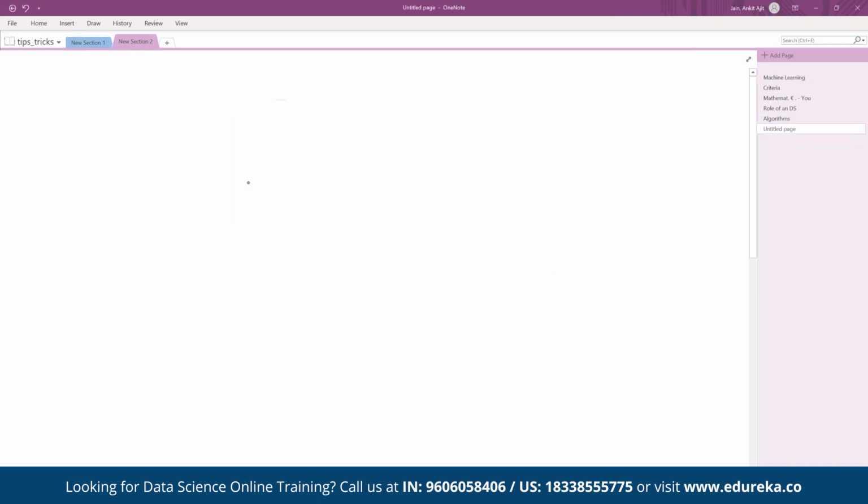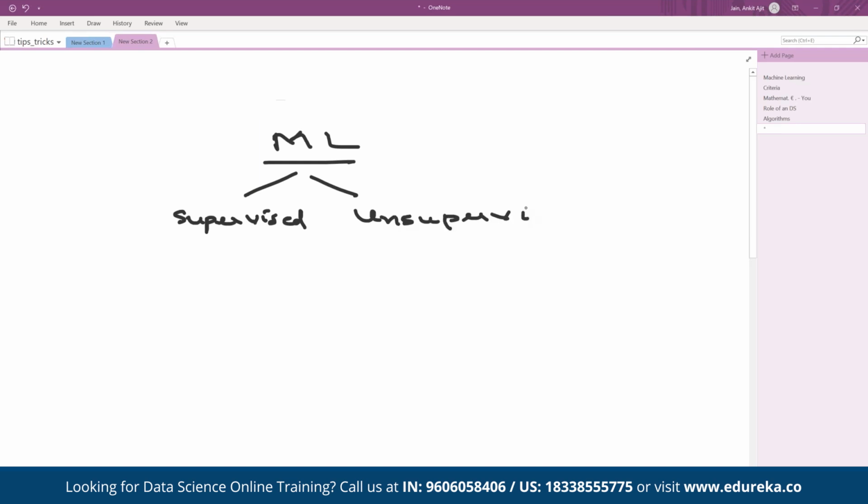Now the question is, suppose I make it simplified for you, machine learning is of two types: supervised and unsupervised, ignoring reinforcement for now. Now what is supervised learning?